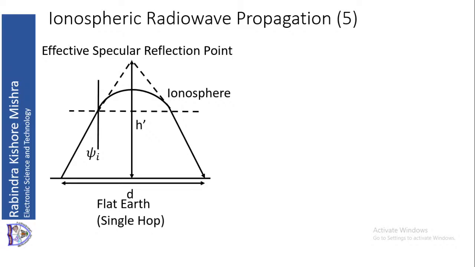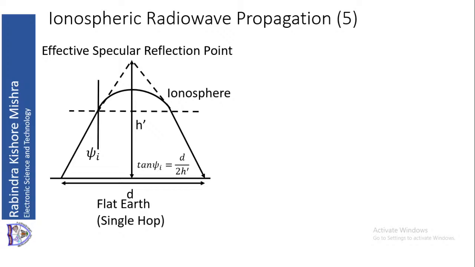Now in this model, you can see that psi I can be related to the distance D and h dash. You can see in this figure, we can divide it into two symmetric parts, the left part and the right part. This h dash is perpendicular to D, and since it is symmetric, where this h dash touches the earth surface, that is the D by 2 point.